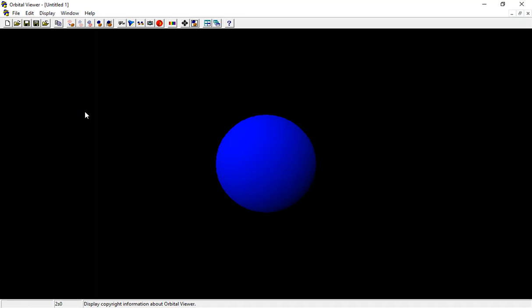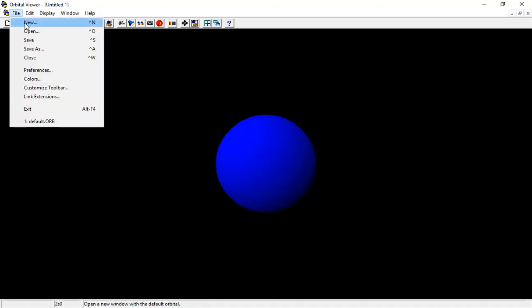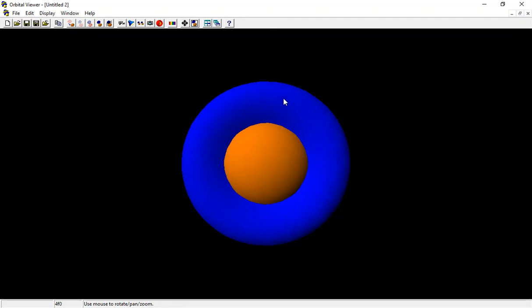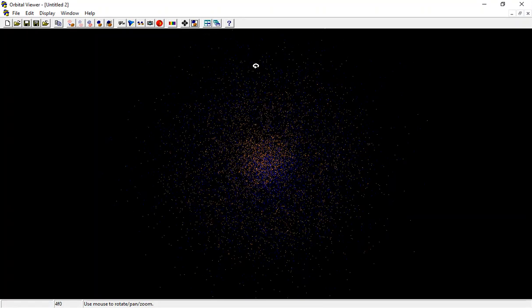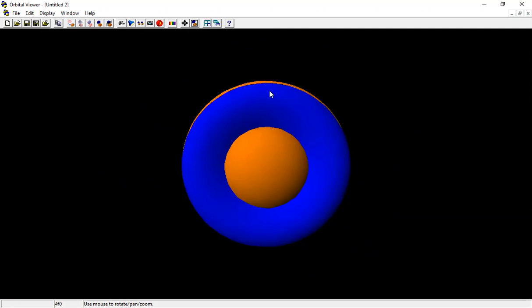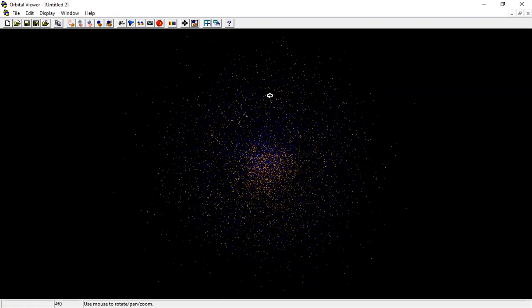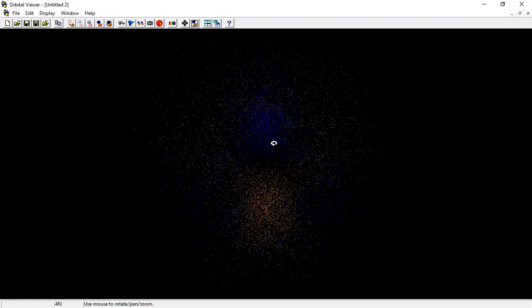So I've already opened the program and I've changed from the default orbital to an s orbital. So let's start over. When you open the program and you go to File New, this is the first orbital that's shown to you. It's a 4f atomic orbital.